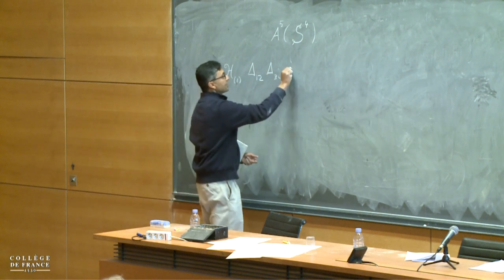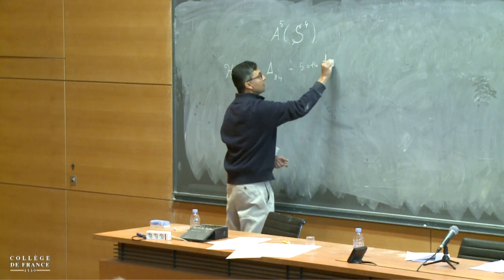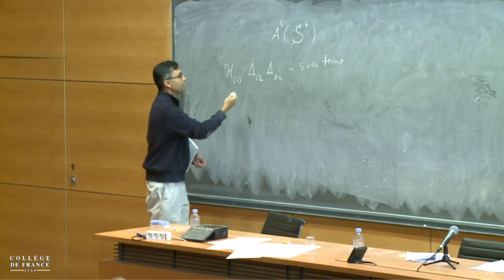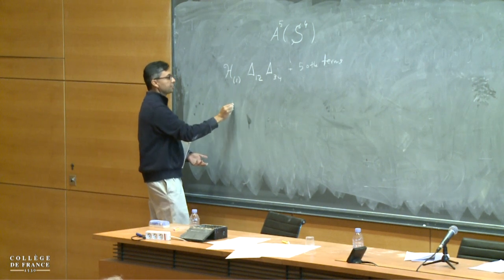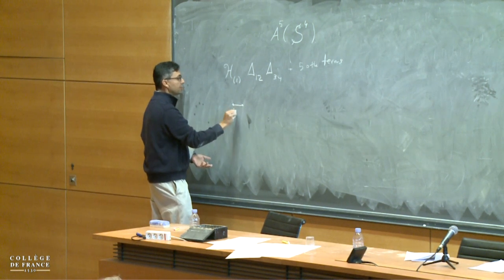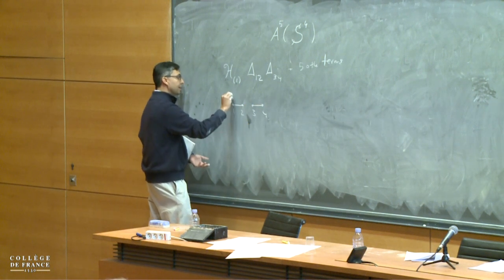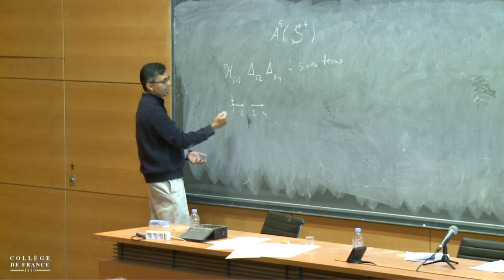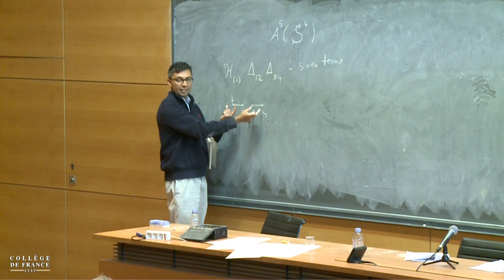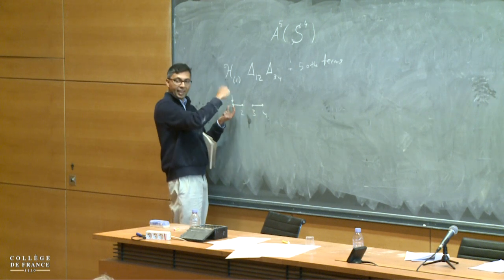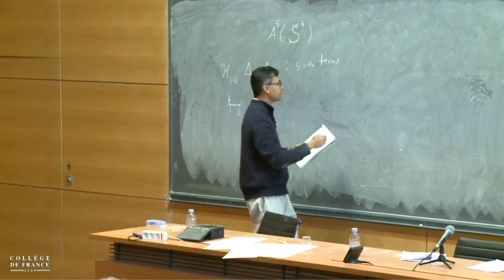And then there are 5 other terms, which come from all the symmetric relations, so all the combinatorial possibilities of this. You can diagram this by saying this is 1, 2, that's the diagonal. This is 3, 4, that's a diagonal. And I put the H on this piece. It doesn't matter which one. And how many things are there like this? Well, I have to pick the set of 2, 2. There are 3 of them, and I have to pick where the H goes. So there are 6 of them. There are 6 of those terms. So that's the first one.